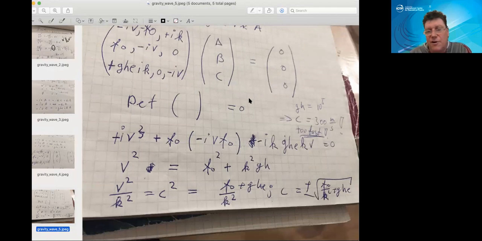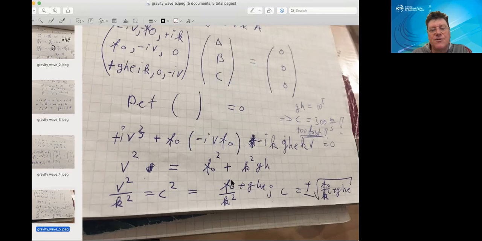And you know how, of course, it's a simple procedure to calculate the determinant of a 3 times 3 matrix. So that's written down here. And if you work this out, you get an equation for the frequency of these waves. Then you can divide this by the wave number in x direction k. That gives us in this case the square of the phase velocity.